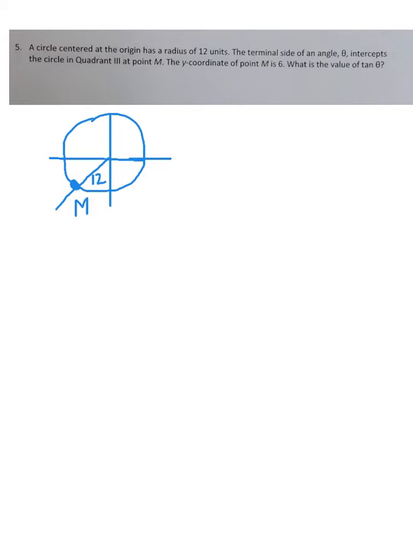Now, it says that the y-coordinate of point M is 6. Now, what that means is this value right here will be 6. Because if I want to find the coordinates of this point, this represents how much to the left I'm going.